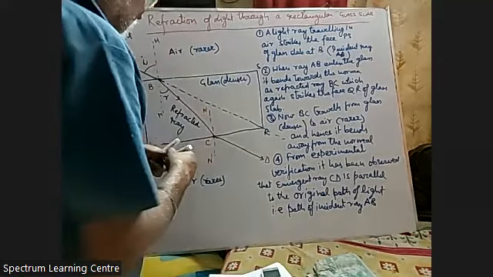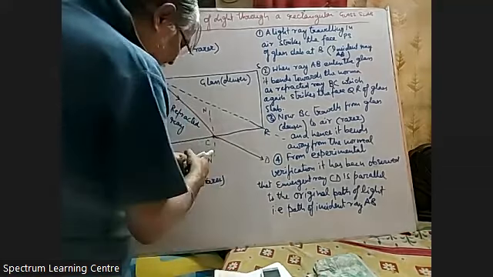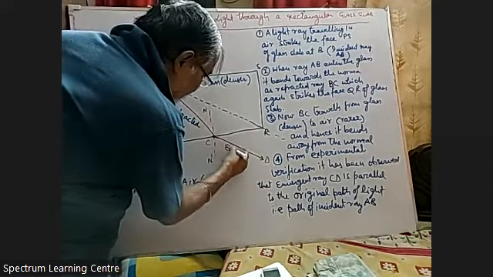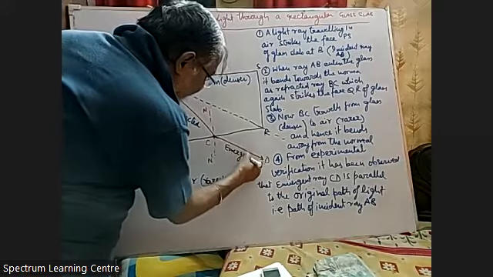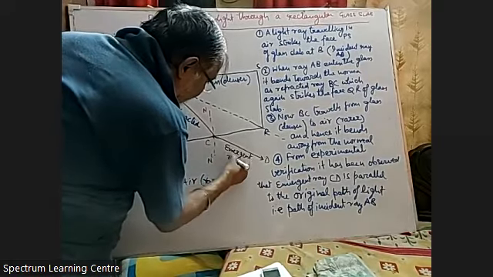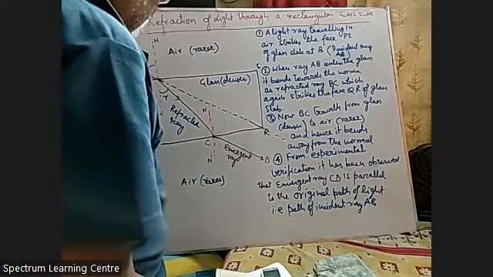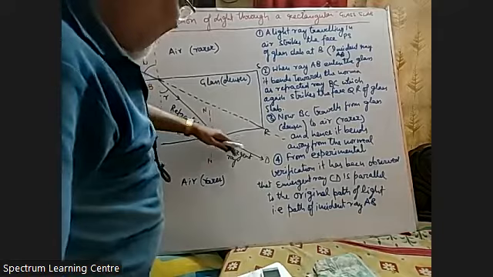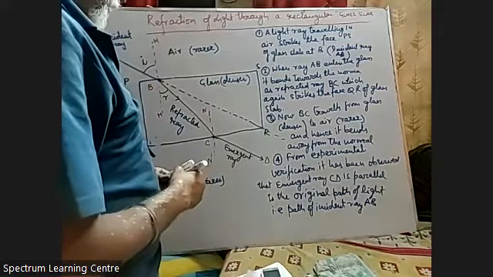Now as a result, the emergent ray, this is called emergent ray CD, bends away from the normal.